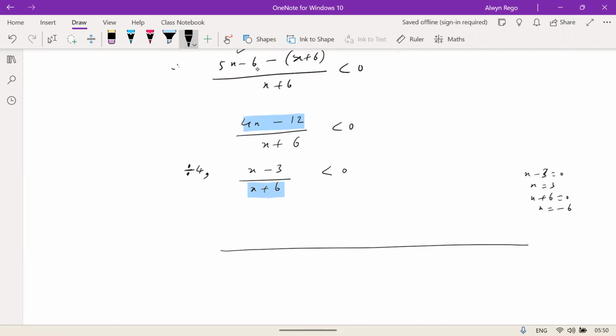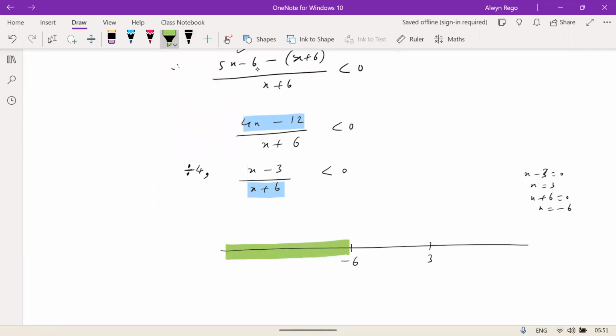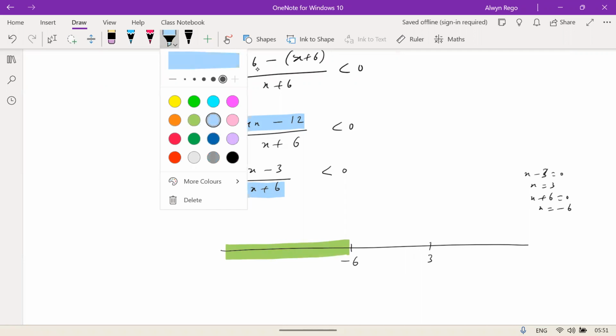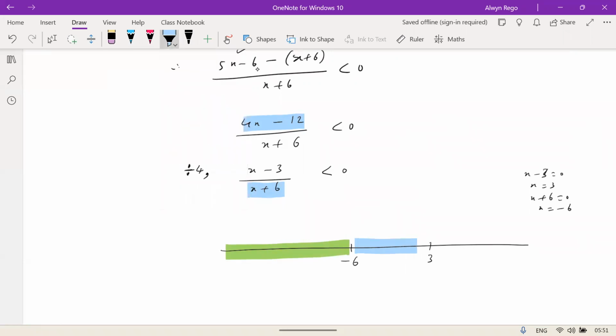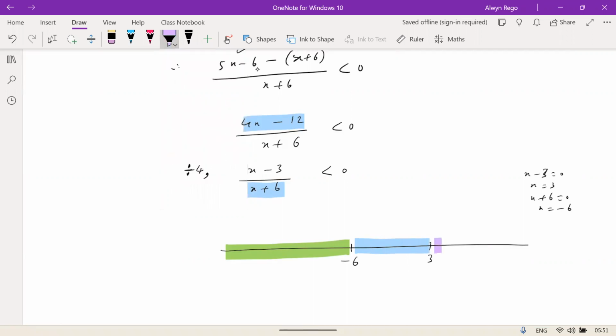But I'm only considering them for determining the zones. Minus 6 and 3, so I have 3 zones. Zone number 1 is like this, zone number 2 is this one here, and zone number 3 is this one.